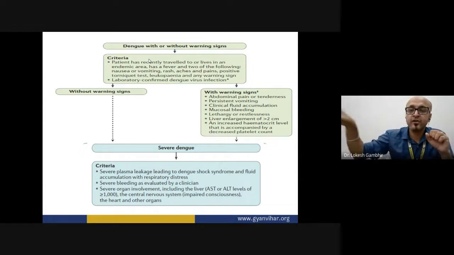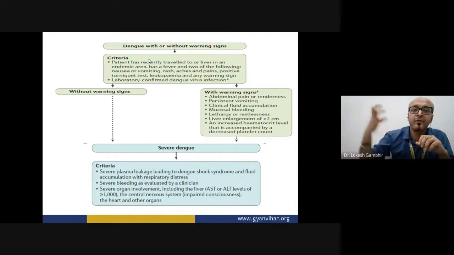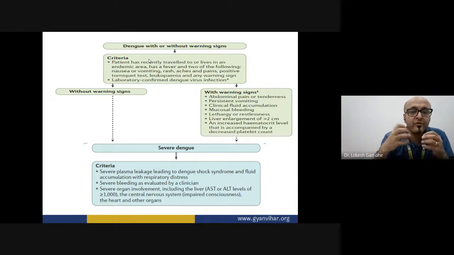So he or she should not travel back immediately to their residence. Why? Because you are becoming a carrier of dengue virus, and if Aedes is available in your vicinity, then you have become a source for that particular spread.